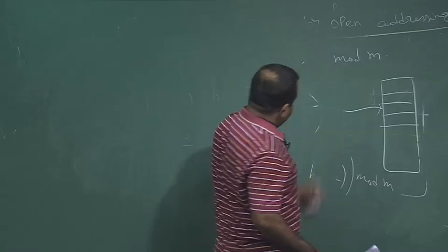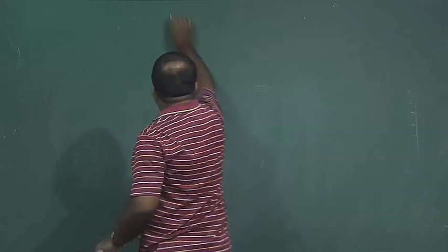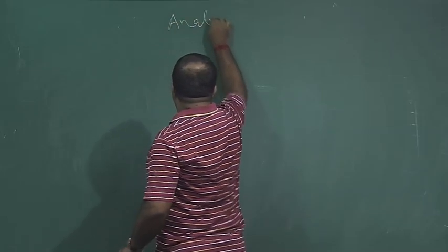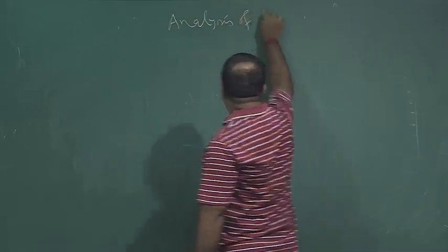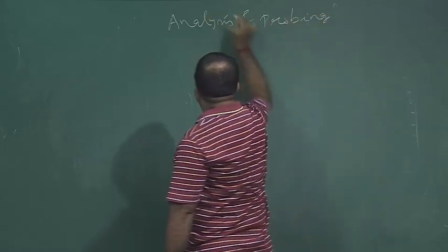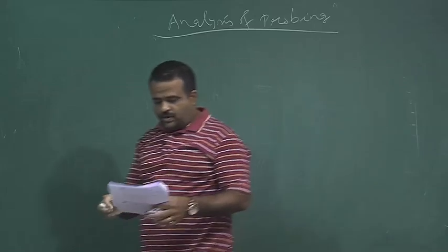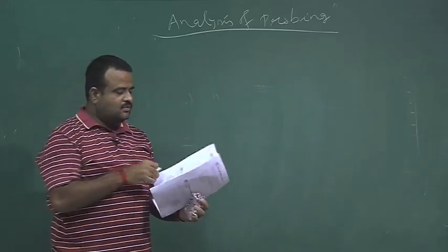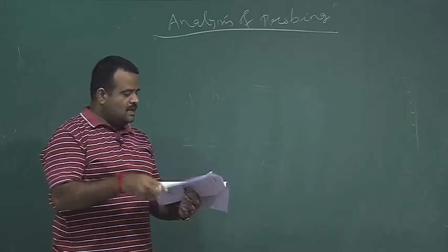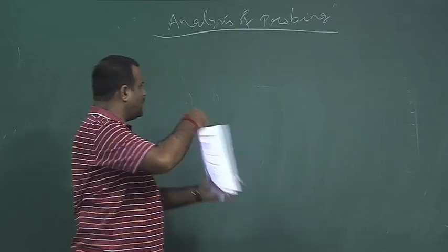Now we will analyze the probing strategy, or probing method. Analysis of probing. In this analysis, we are claiming that for an unsuccessful search, we need to find the expected number of probes required.